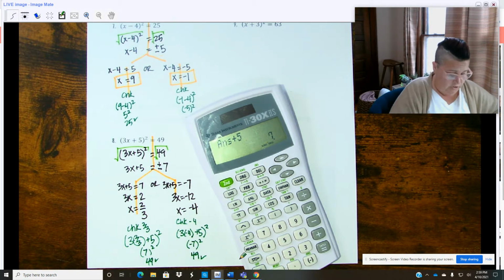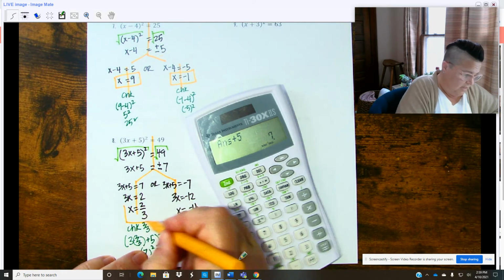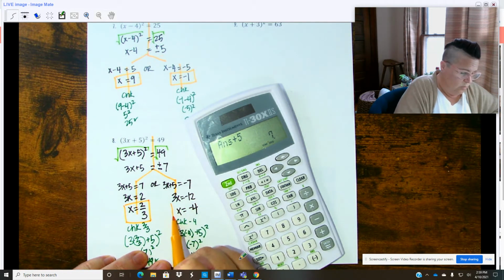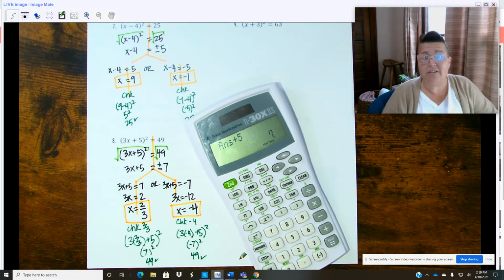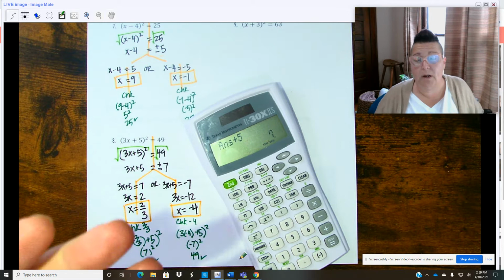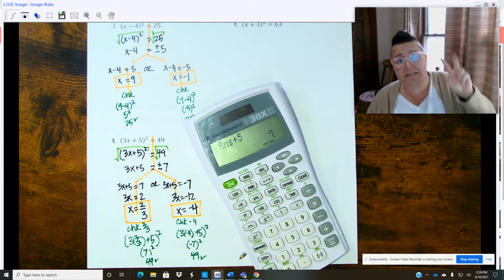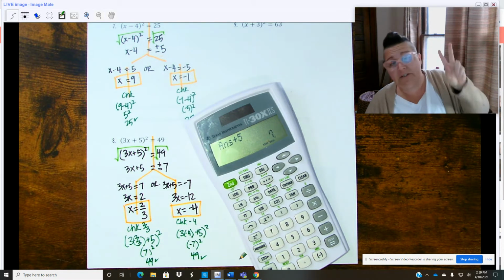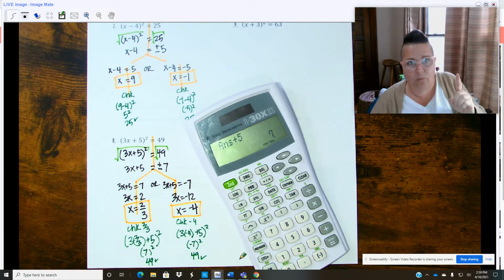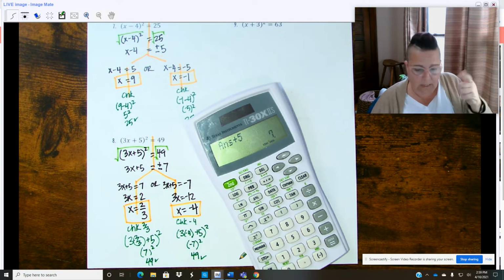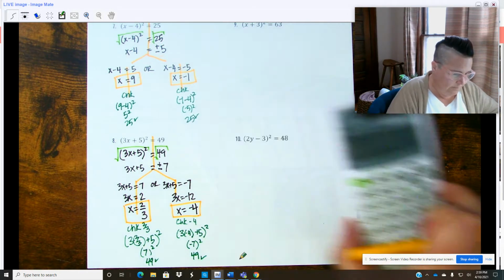So both of them check, and that means that both of these are solutions. X could be 2/3 or x could be negative 4. Both of these are solutions to my equation. And it works because this is a quadratic, which means second power, which means up to 2 solutions. I don't have to have 2 every time. I could have 0, I could have 1, but I got 2. All right.